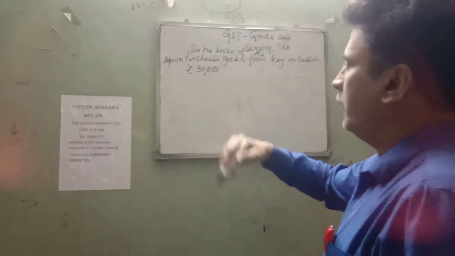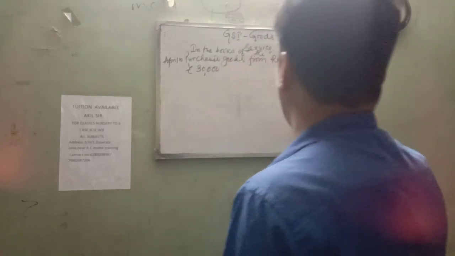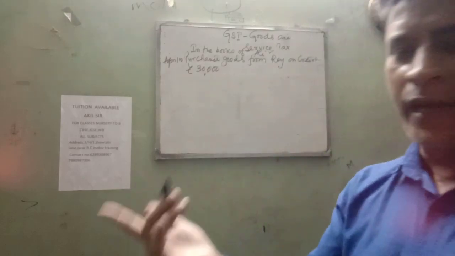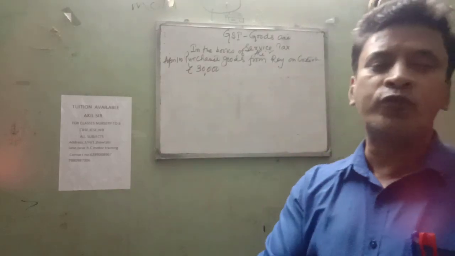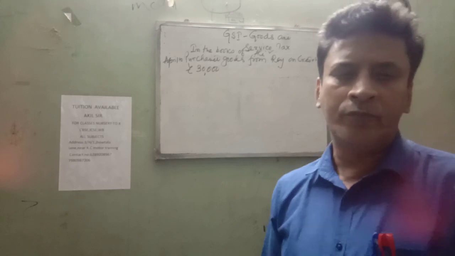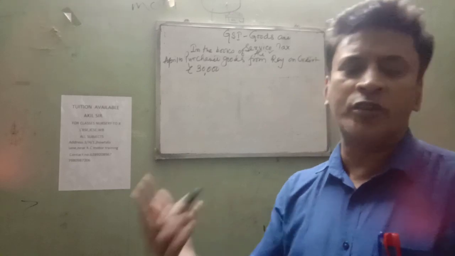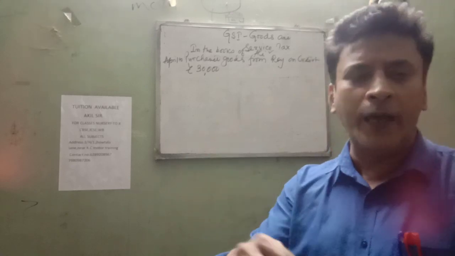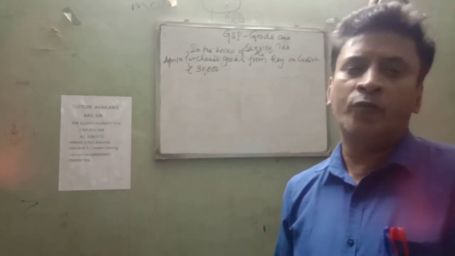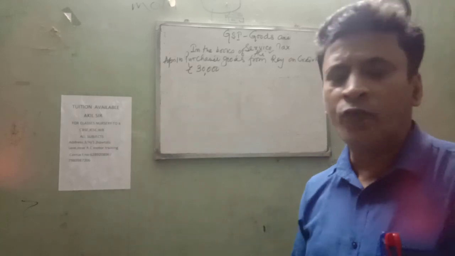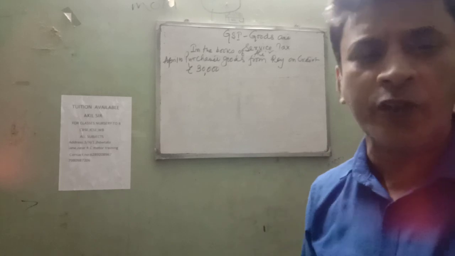Now I am giving you an example regarding discount received. While we are purchasing goods from a supplier on credit, and after purchasing goods, when we are paying the supplier, we get a discount from the supplier in the form of discount received.